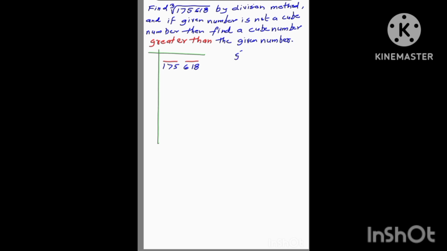So 5 cube is 125. We have seen this. I think this is the third time we are coming across this type of example. And 6 cube is 216. So write 5 cube lesser than 175 lesser than 6 cube. Very easy. And we have to consider this 5.